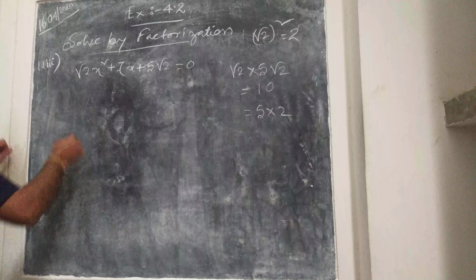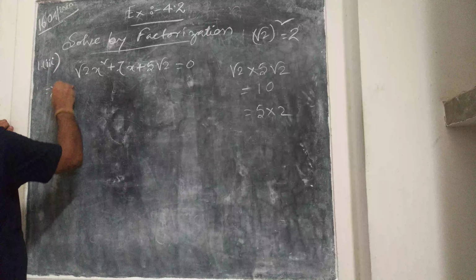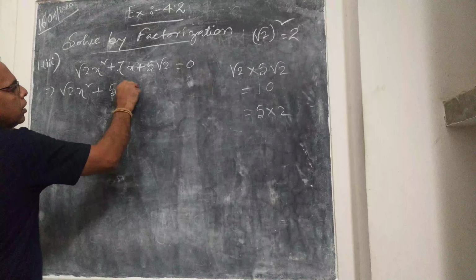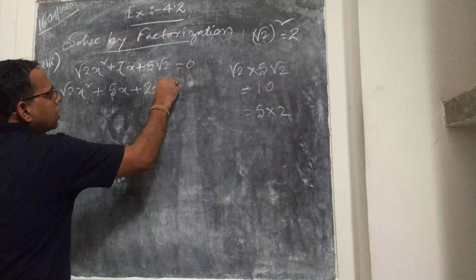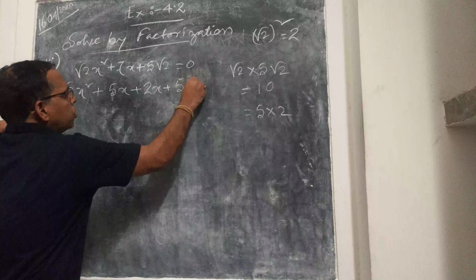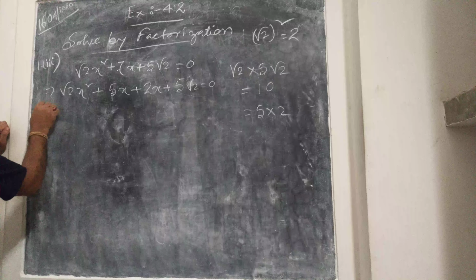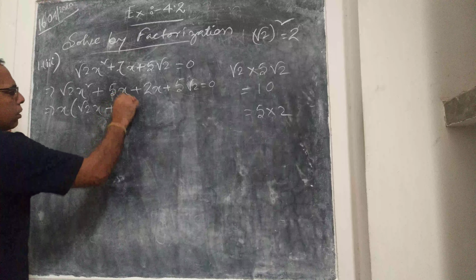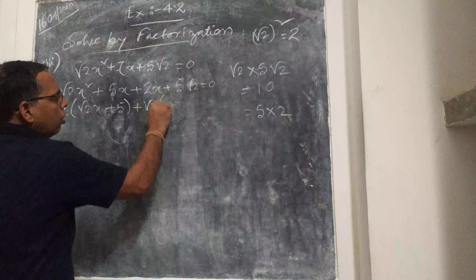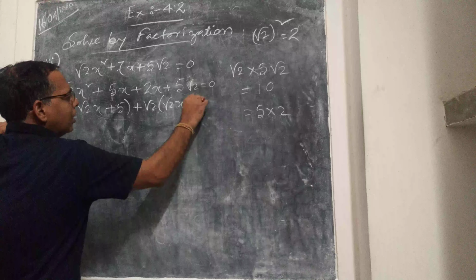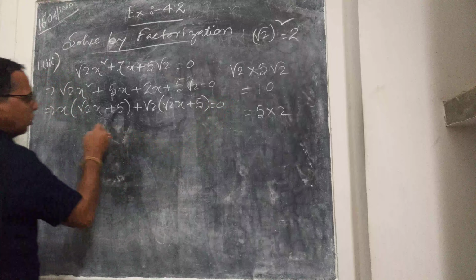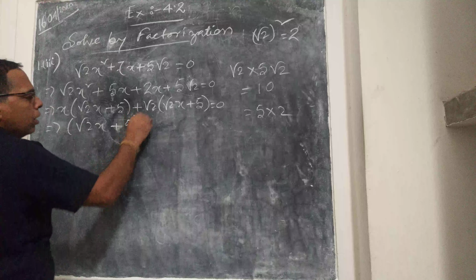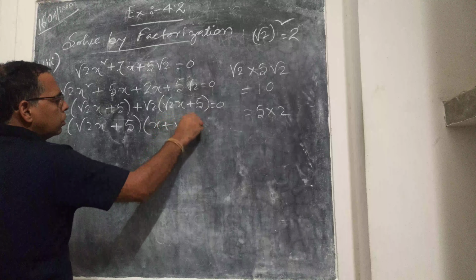Okay? So then root 2 x squared plus 5x plus 2x plus 5 root 2 equal to 0, which implies x (root 2 x plus 5), then root 2 you take common, (root 2 x plus 5) equal to 0, which implies (root 2 x plus 5) (x plus root 2) equal to 0.